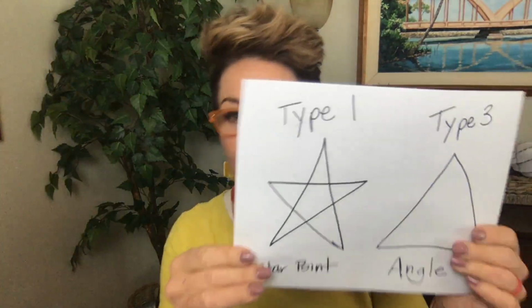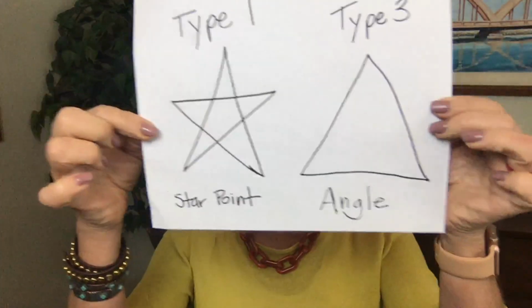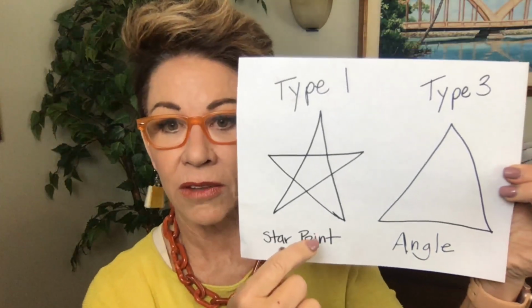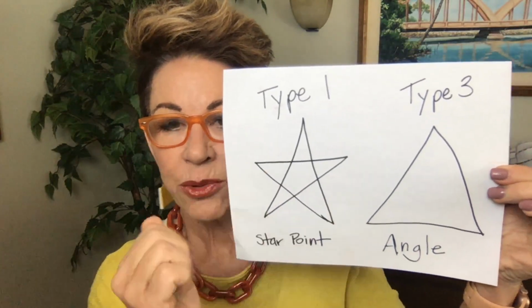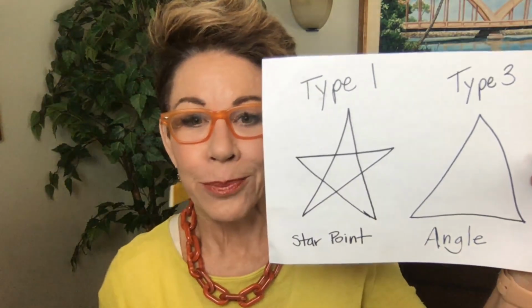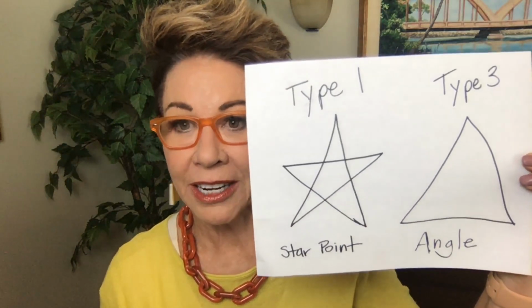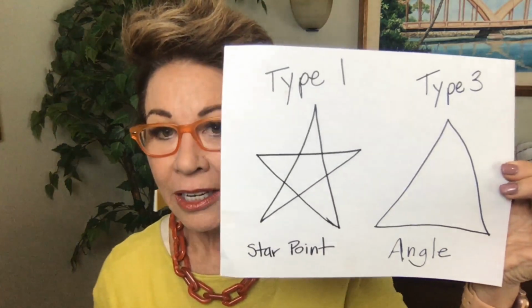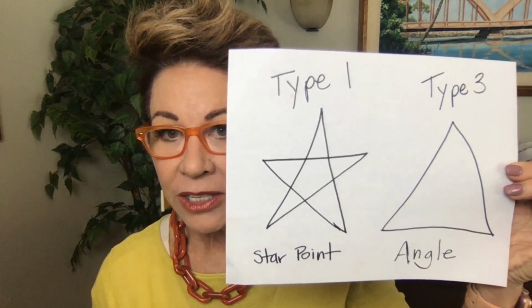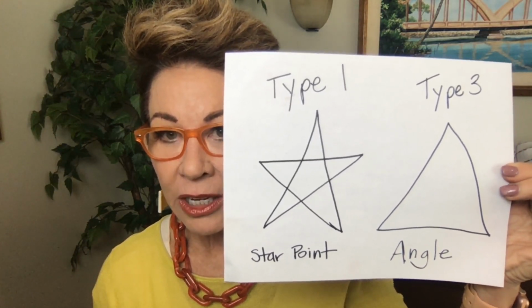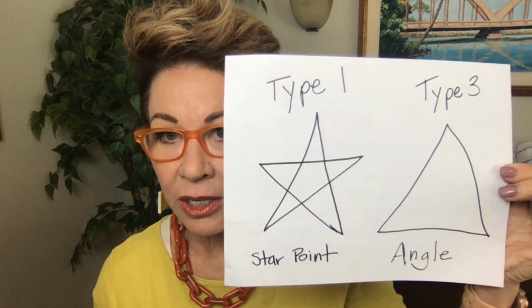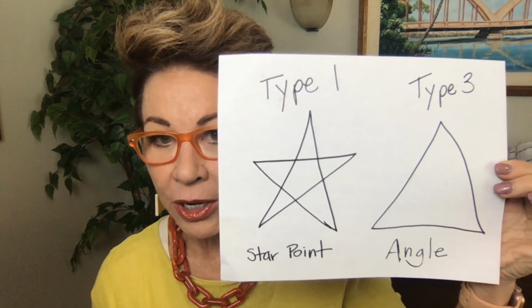First, I want you to just look at my little image here, and I want you to notice something, because this is what you're going to pay attention to in the faces. These are really little sketches of a star point and an angle and a triangle. So when you look at the points of a star, do you notice how quickly it narrows and goes into a kind of a longer point?